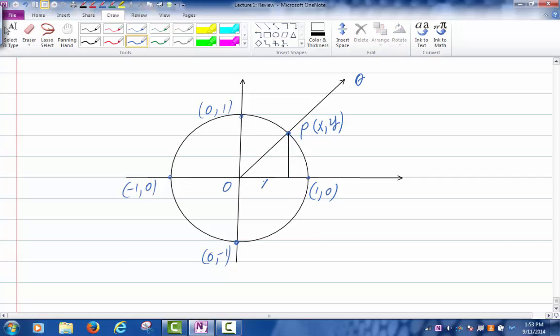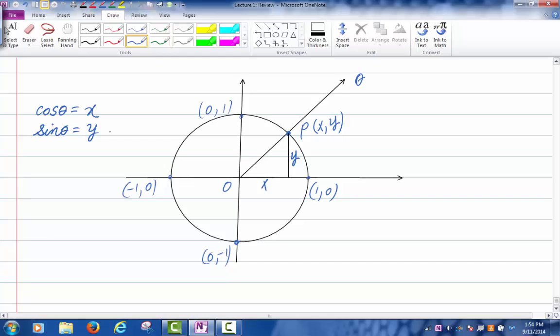So this side is x and this side is y. What can you say about cosine theta then? Cosine of theta is x over 1, which is the same as x. And sine of theta is exactly y.